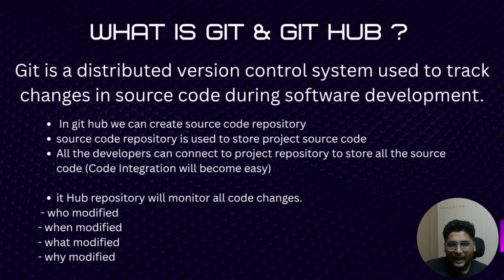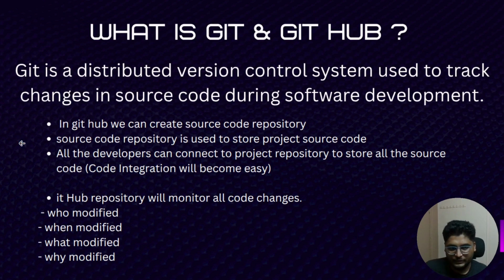I have created one simple, short definition of Git and GitHub. Git is a distributed version control system used to track changes in source code during software development. In GitHub, we can create a source code repository. A source code repository is used to store the entire project's source code, and all developers can connect to the project and the stored source code with integrity.